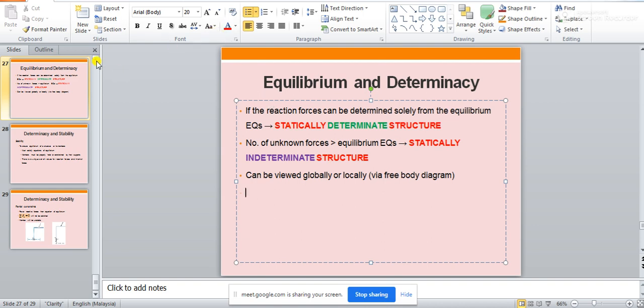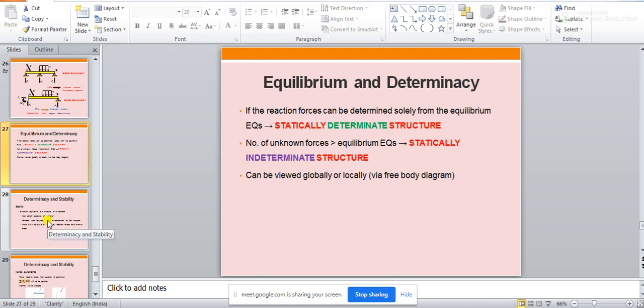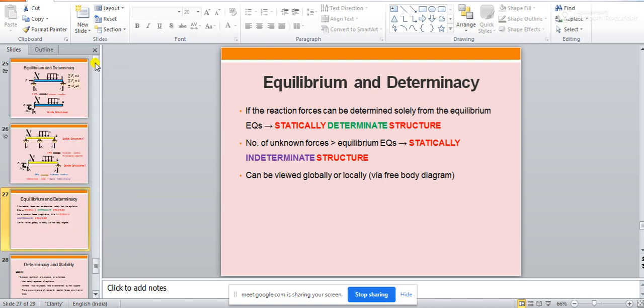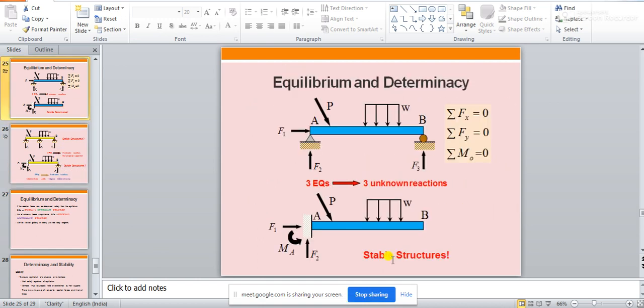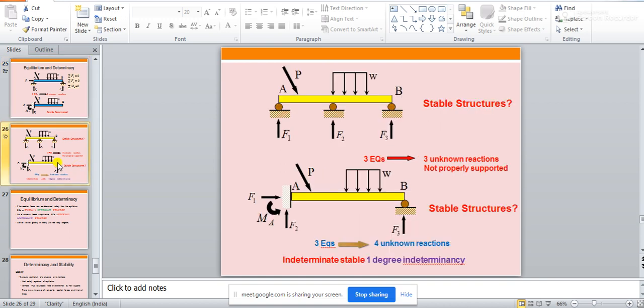Now, next is this one. I was talking about stable structures. So you see this diagram. Is this a stable structure? Anyone?